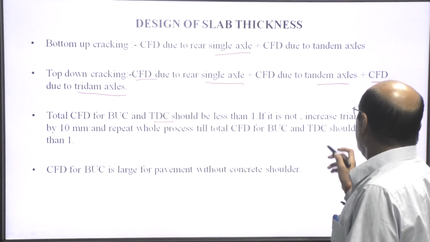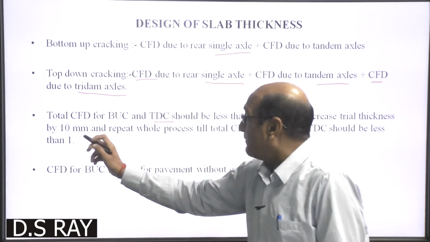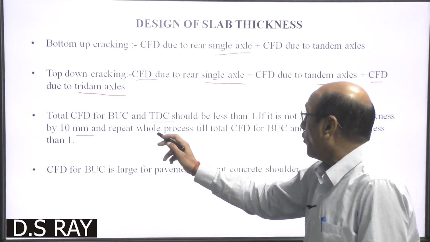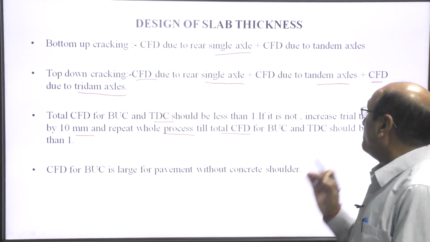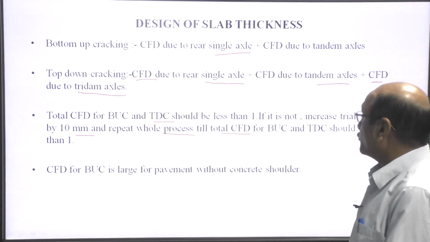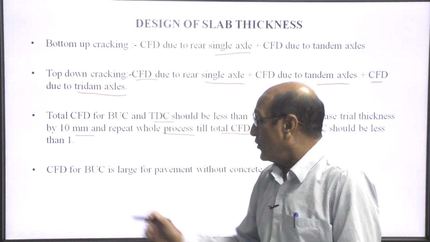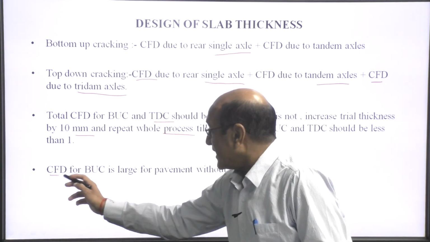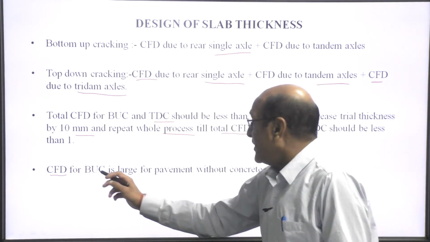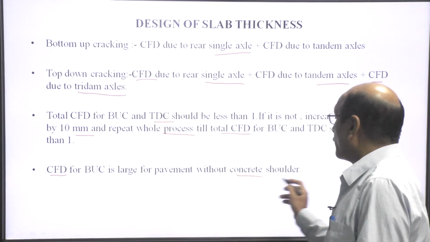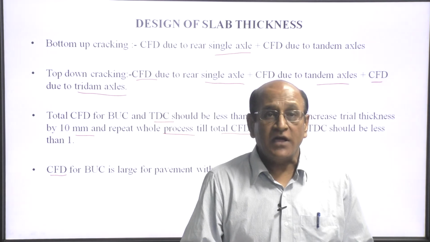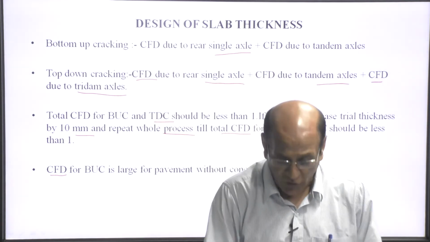If it is not, increase the trial thickness by 10 mm and repeat the whole process till total cumulative fatigue damage for BUC and TDC is less than 1, and cumulative fatigue damage for the BUC is large for the pavement without a concrete shoulder. So, in this way we can check the different options.